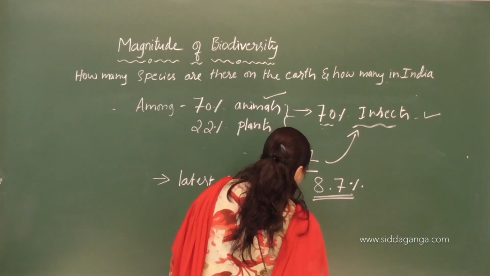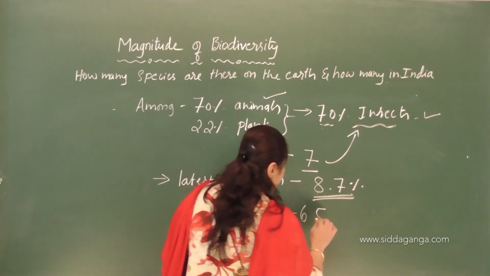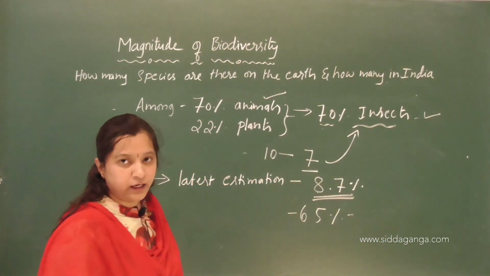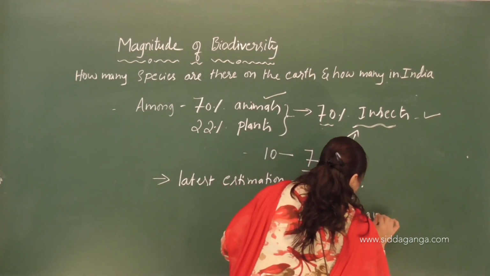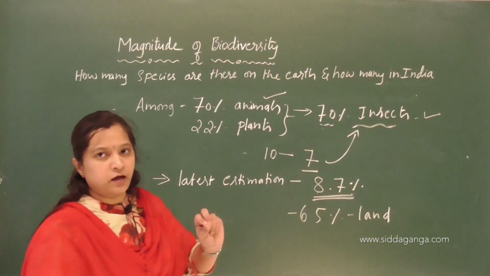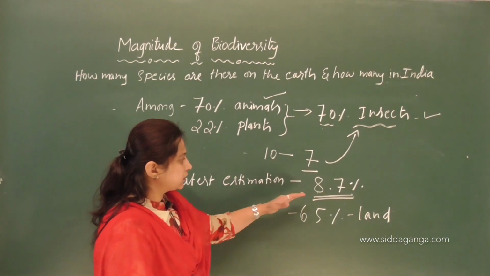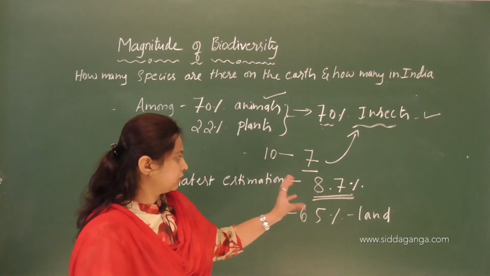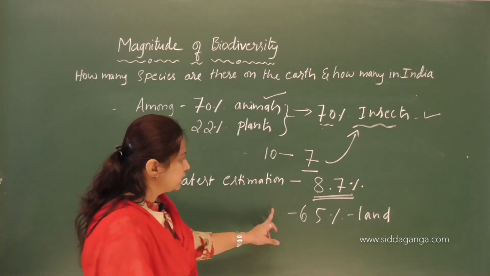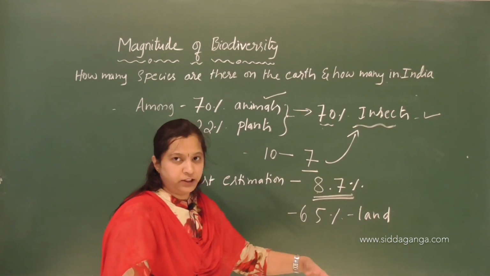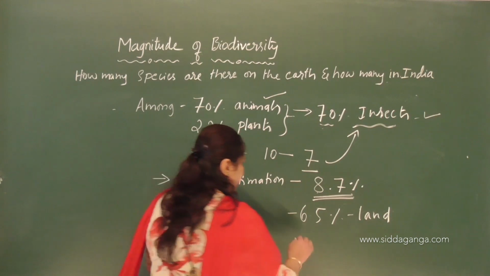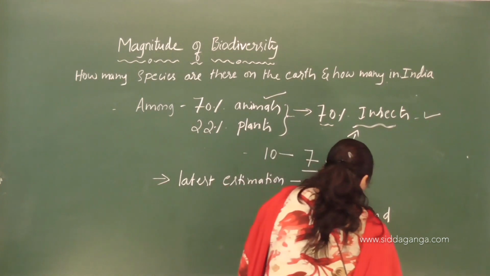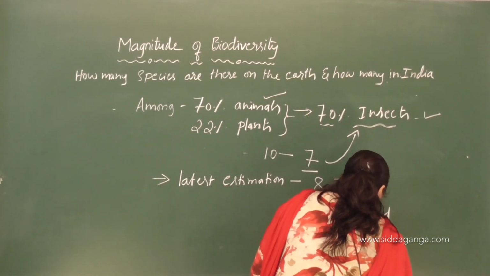Among the 8.7, 6.5 of the plant and animal species are living on land. So this is the recent estimation. Of the total of 8.7, 6.5 of the species are living on land, and the remaining 2.2 of the plant and animal species are living in the ocean depth.